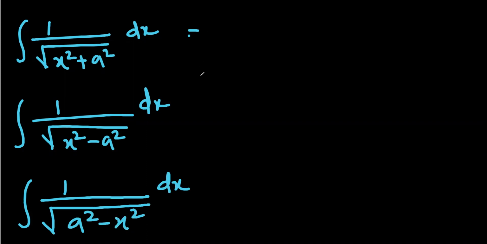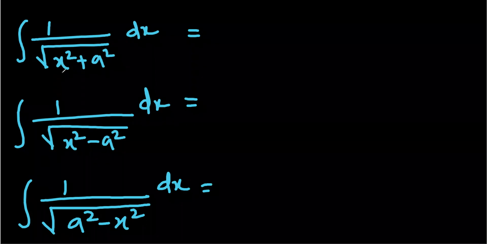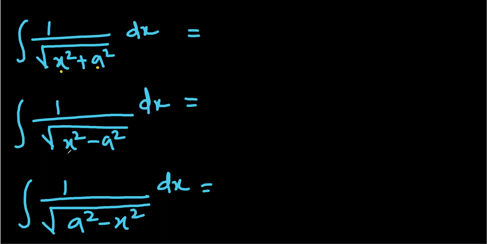First of all, I shall want you to read these theorems as follows. You should always say, square root of x square plus a square is referred to as variable square plus constant square, variable square minus constant square, and constant square minus variable square.